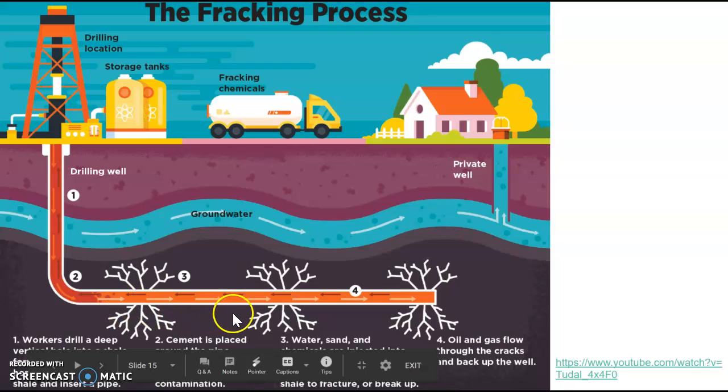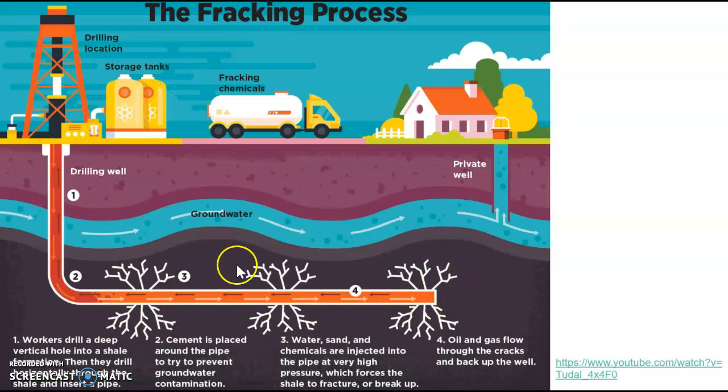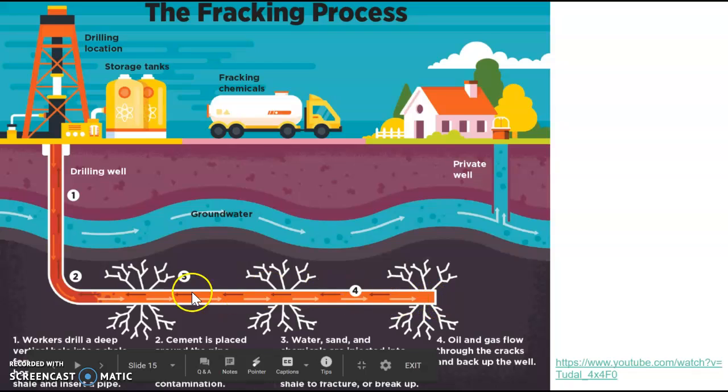And then once they go down there, they use water and sand and different chemicals to crack the bedrock to get oil and natural gas out of the bedrock and back up to where we can use it. So in that process, the idea is that all of the water and sand and fracking chemicals stay inside the cement pipe.